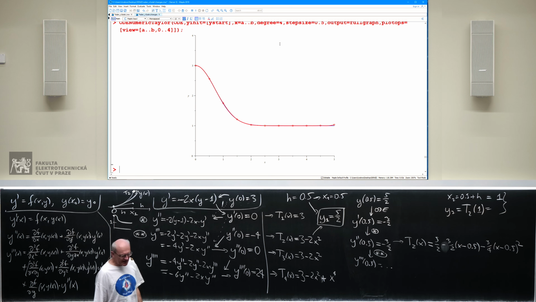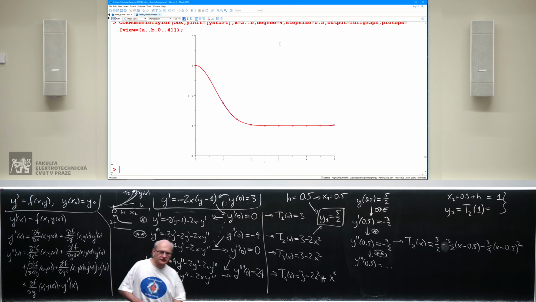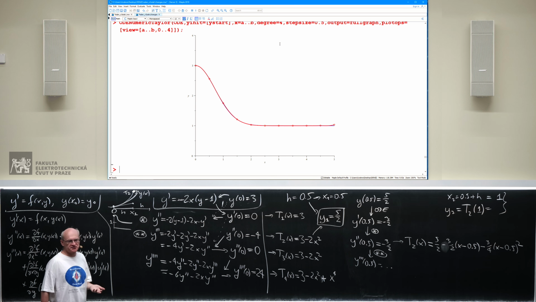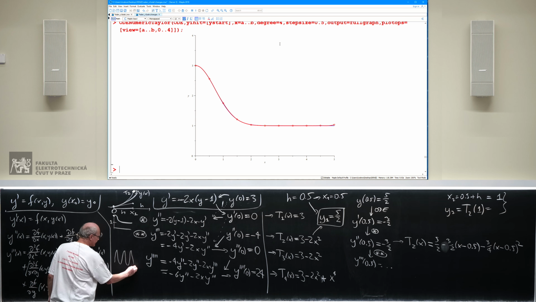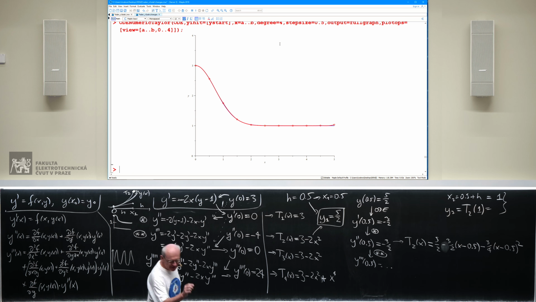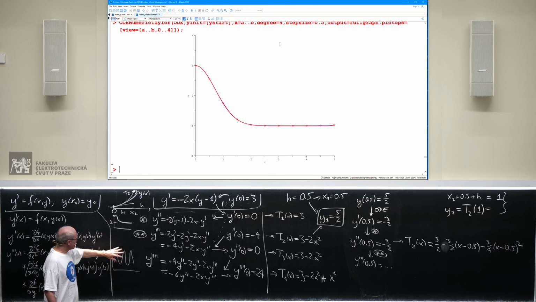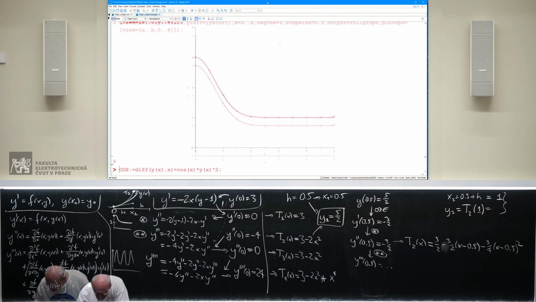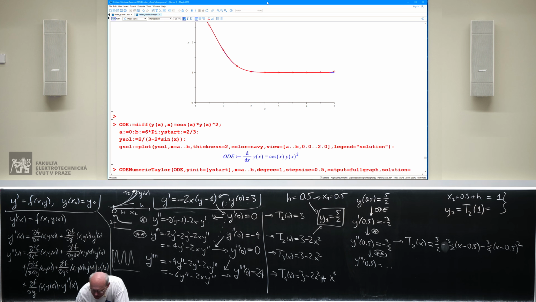Okay, we had another problem which was, let's say, less easy for numerical methods to handle, and that was the problem where the solution was periodic like that. So let's have a look how the Taylor method handles this case. We load the differential equation, and again, the starting step size will be 0.5, which is, let's say, unreasonably large, but for comparison, we always use it.